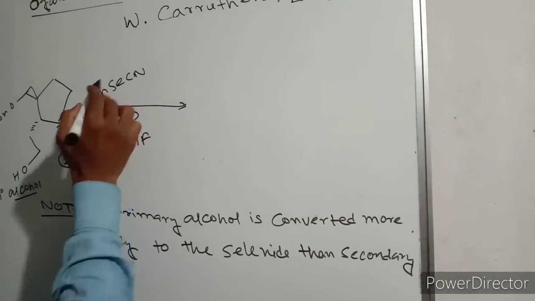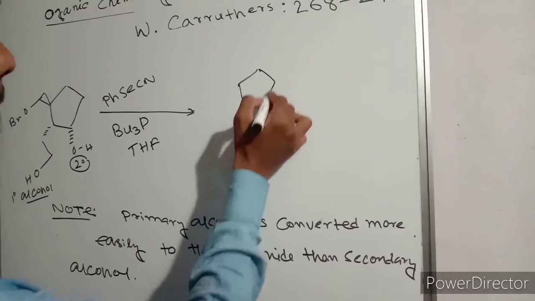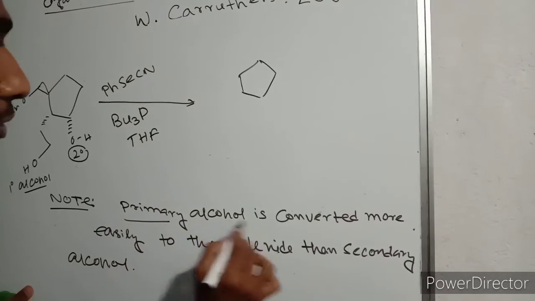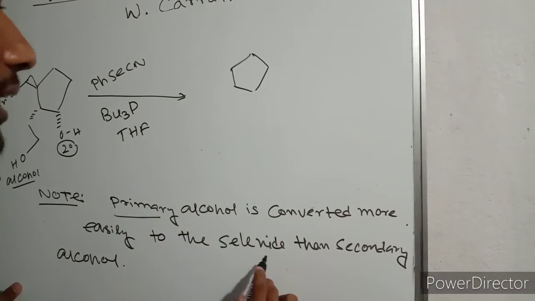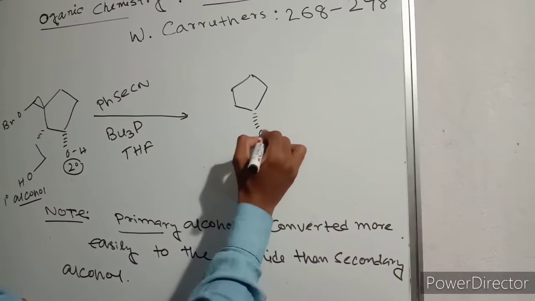First of all, this will be generated. Primary alcohol is converted more easily to the selenide than the secondary, and hence the primary will remain intact.